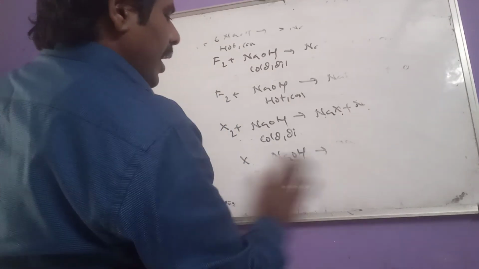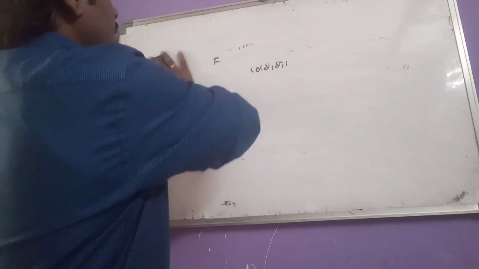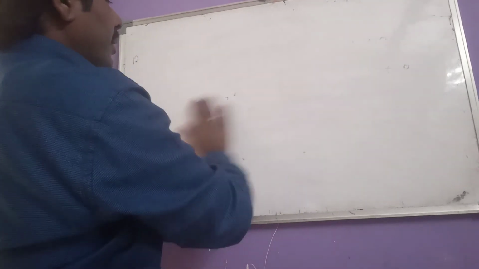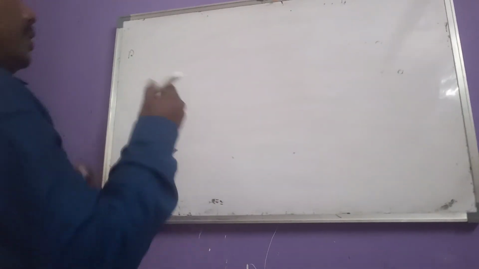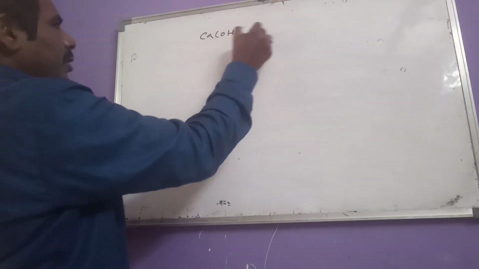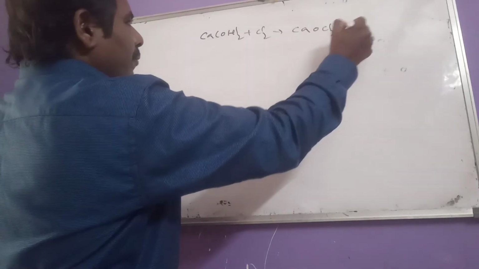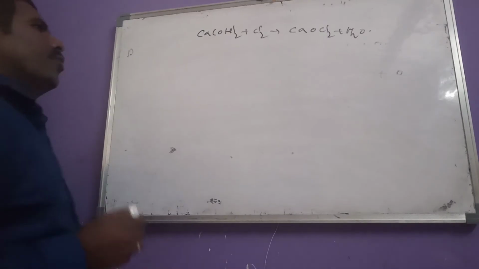Calcium hydroxide is slaked lime. With slaked lime, chlorine will give bleaching powder. See here the reaction: 2Ca(OH)2 plus chlorine. What we get is CaOCl2 plus H2O.